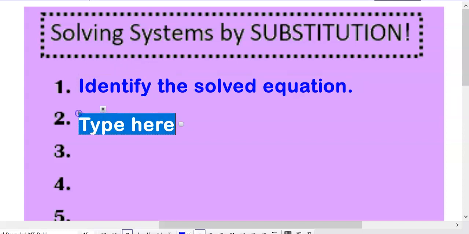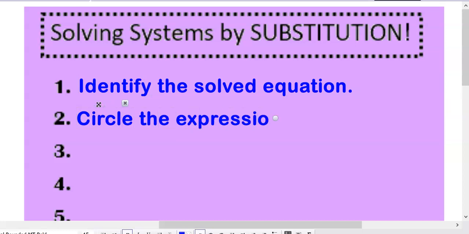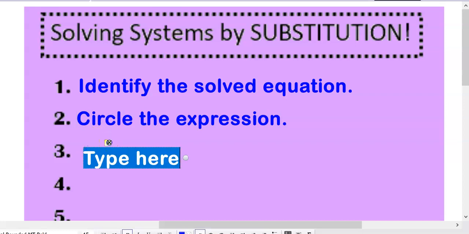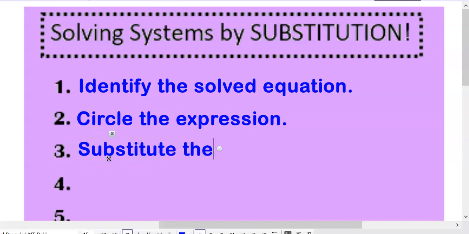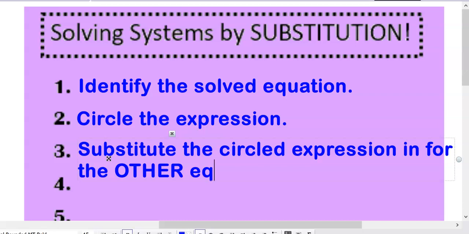Step 2, we want to circle the expression. Step 3 is going to be substitute, which is why we call this substitution, the circled expression in for the other equation.